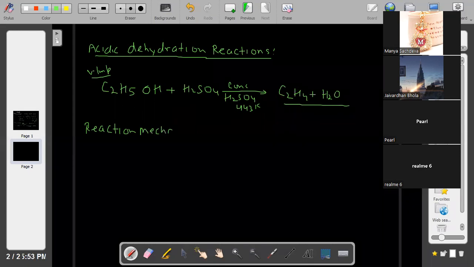In this reaction mechanism, if you know about the beta elimination reactions, I already explained them in the previous classes.